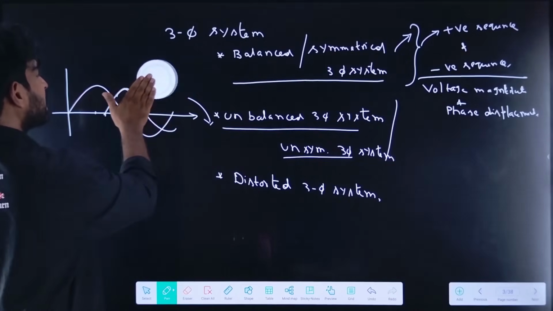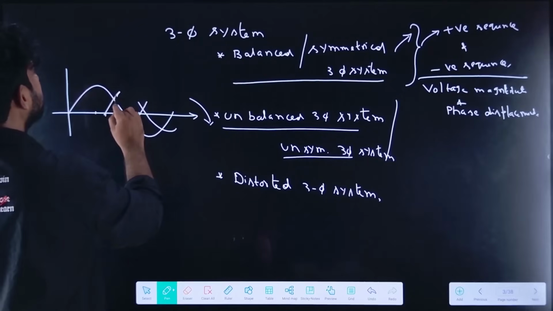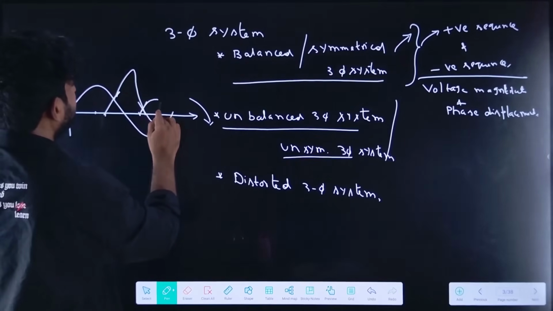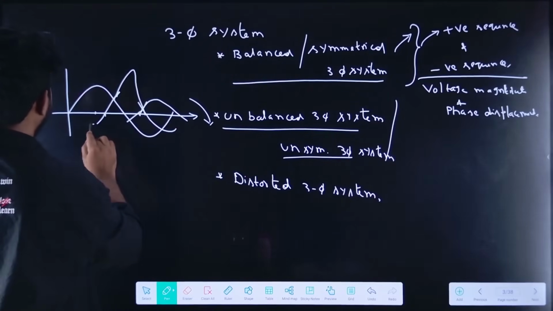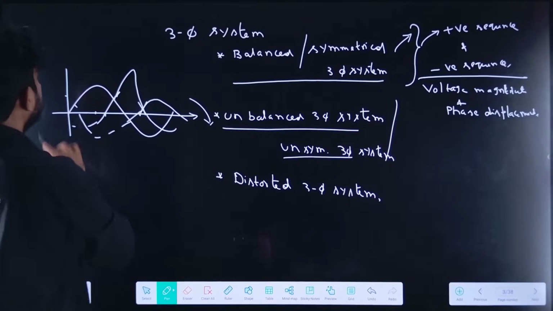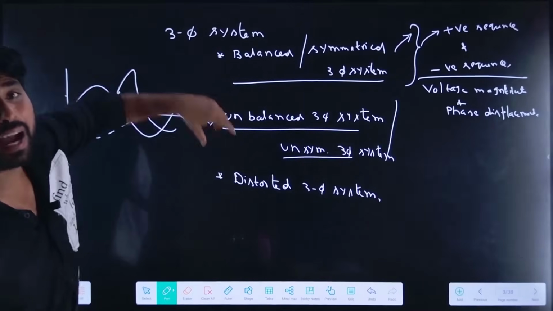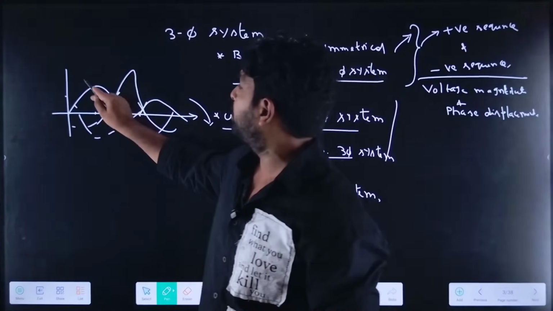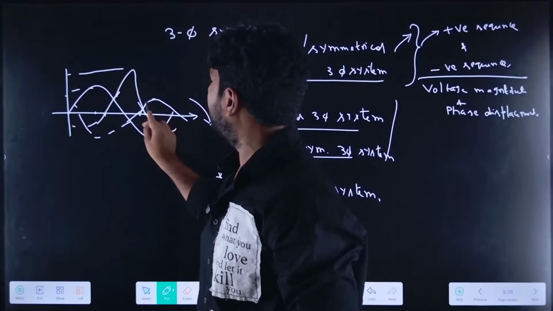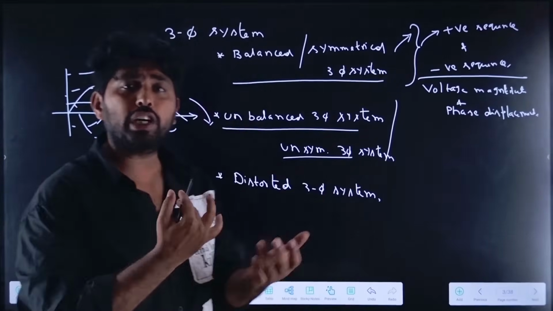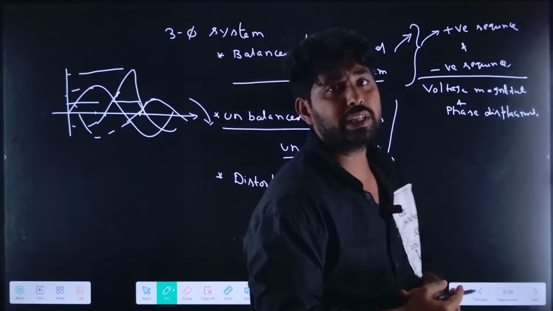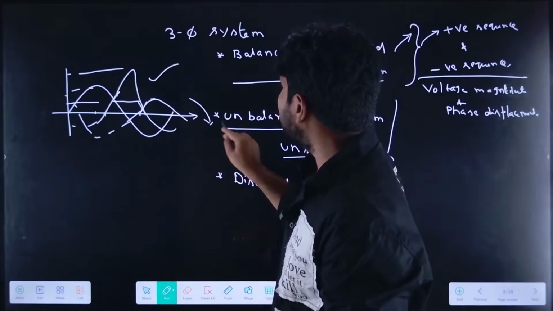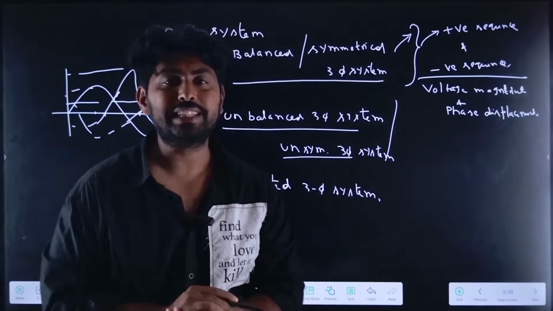If these magnitudes are not the same, VC will be like this and VB like this. Here the voltage magnitudes are not the same, whether it is a positive sequence or the negative sequence, so we call this an unbalanced three-phase system.